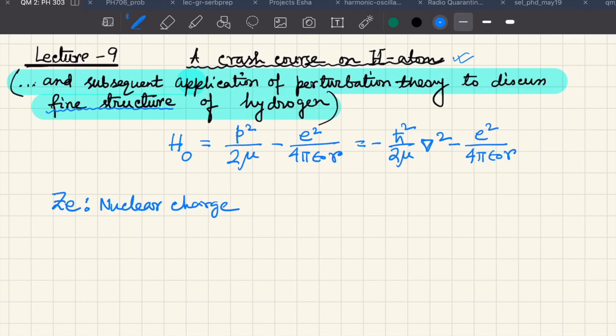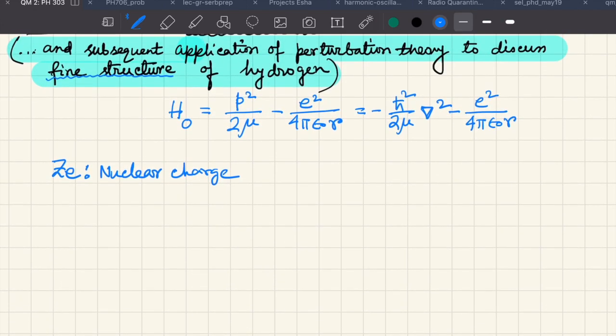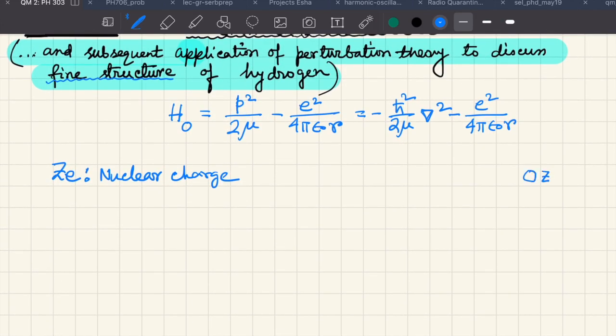The total nuclear charge is Ze, and it is still orbiting a single electron of charge minus e. So we are considering a scenario where we have a central charge, which is the charge of the nucleus Z times e, and then there is some single electron which is orbiting this nucleus.